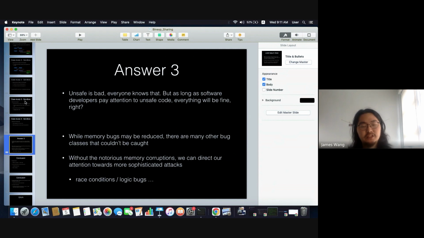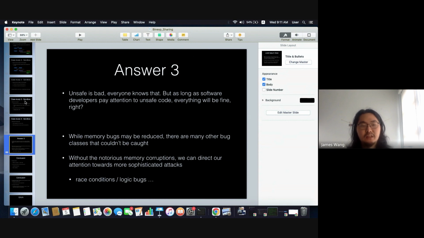But this is not a bad thing in itself, at least from my point of view, because memory corruption has been prevalent for too long. We've been spending too much time looking at those pretty dumb bugs like buffer overflows. With those mitigations in place, we can shift our attention toward more interesting bugs like race conditions and logic bugs in the program.